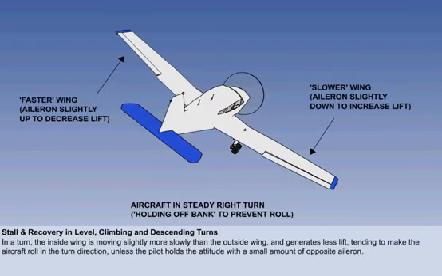When an aircraft is in a level coordinated turn at a constant angle of bank, the inside wing is moving through the air at a slightly lower speed than the outside wing, and consequently generates less lift. If the ailerons are exactly neutral, the aircraft would have a tendency to roll in the direction of bank, or overbank.